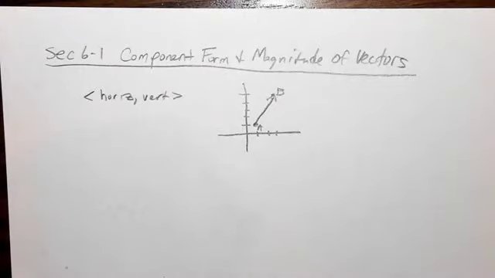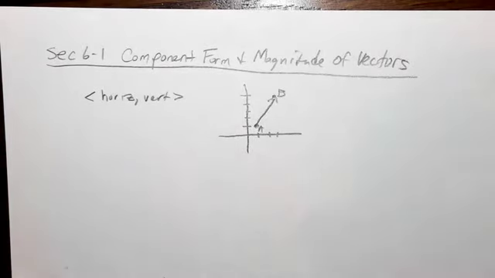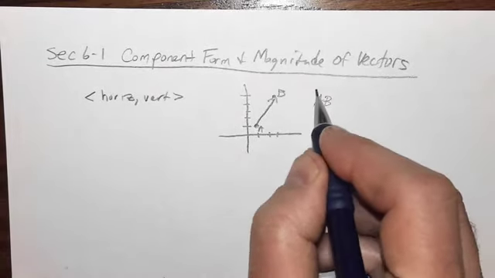that vector right there. If this was point A and this is point B, it goes from A to B. That's the vector AB then.